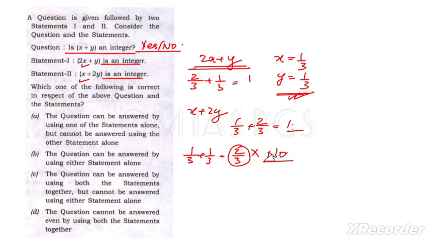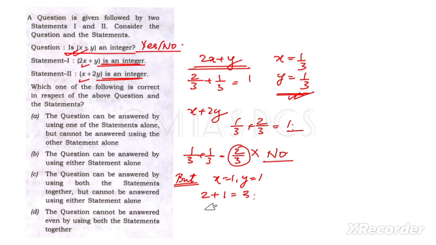But there is a big question here. If I substitute any integral value of x and y, like 1, 2, 3, 4, anything, negative values also, then it is an integer, and in that case x plus y is an integer. Like if I say x is equal to 2, y is equal to 1, so 2 plus 1 is 3, here is an integer.